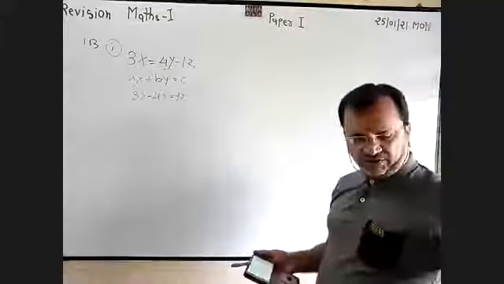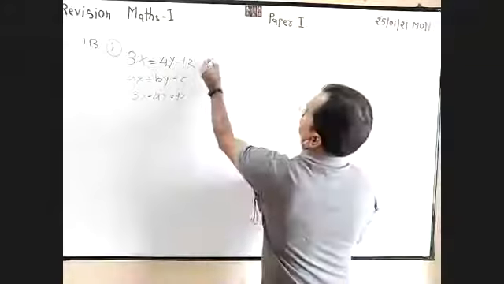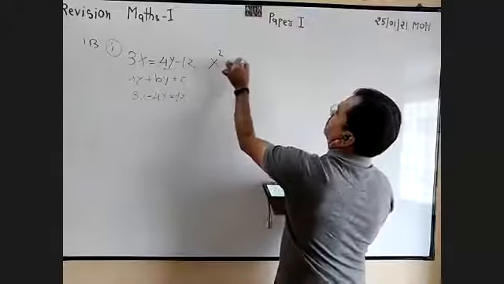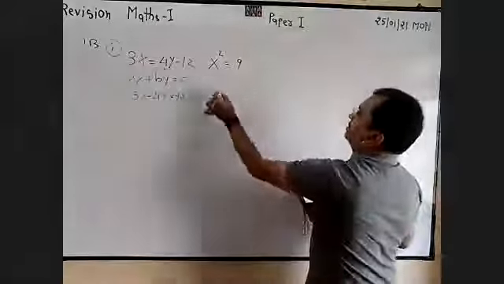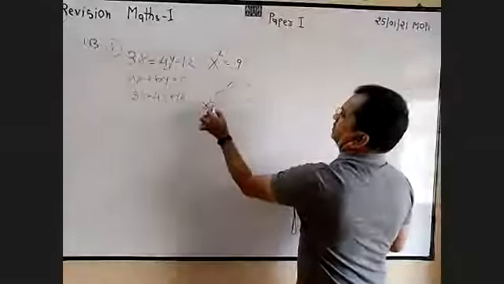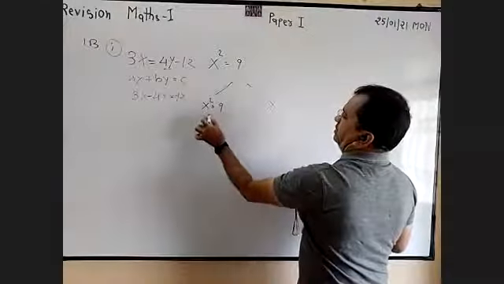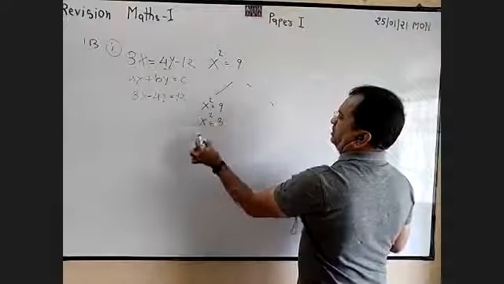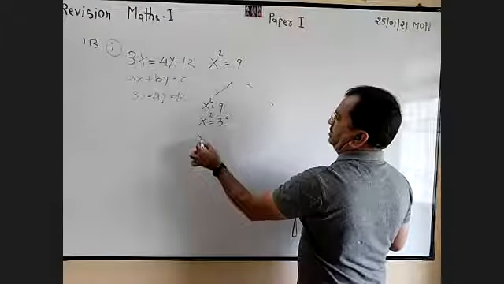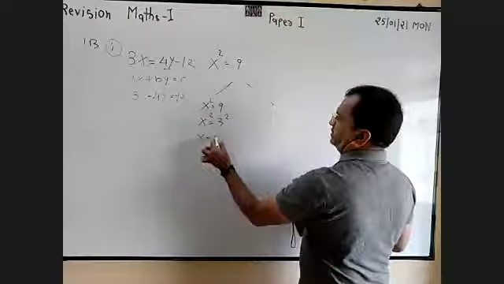What are the roots of the quadratic equation x square is equal to 9? There are two methods. X square is equal to 9, x square is equal to 3 square, x is equal to plus or minus 3.